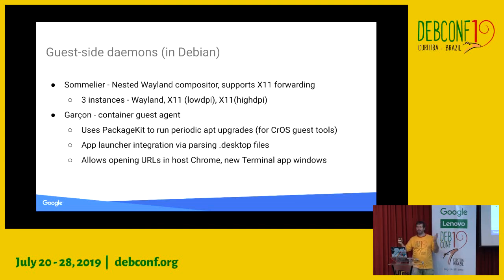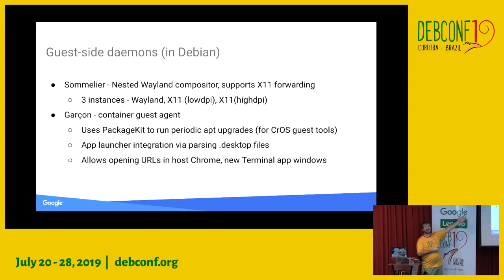For example, it can install a deb, so that if you download a Debian package on Chrome OS and double click on it, it will just send it to Crostini and install it, and all these kinds of things, right? And this is what is going to be used, for example, for the upgrade, right? So Chrome OS will call into Garçon that will say, oh, upgrade time, I'll upgrade to Buster, I'm done.